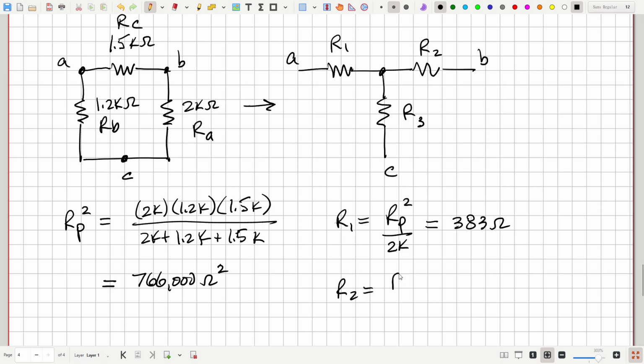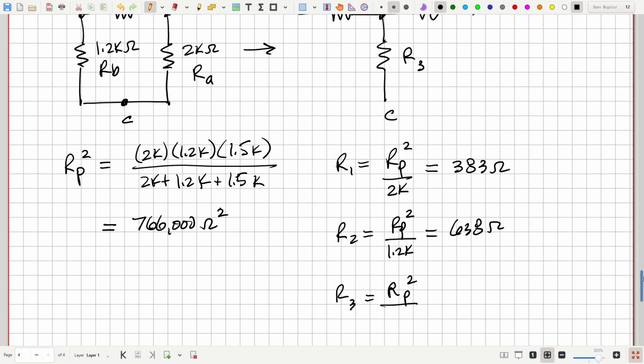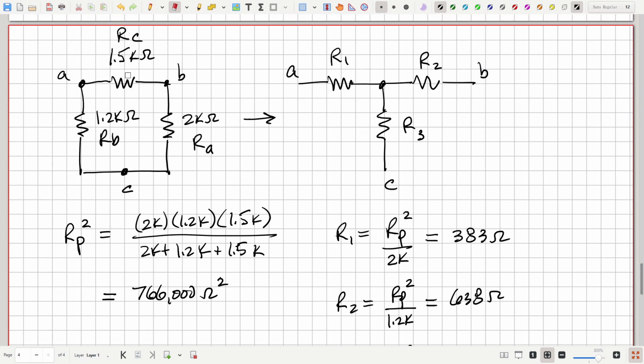R2 is Rp squared over Rb, which is 1.2K. And that's 638 ohms. And then R3 is Rp squared over Rc, which is 1.5K.